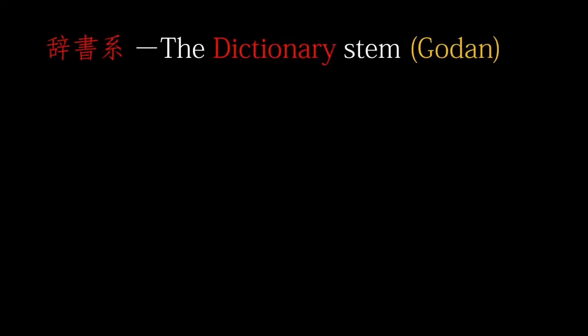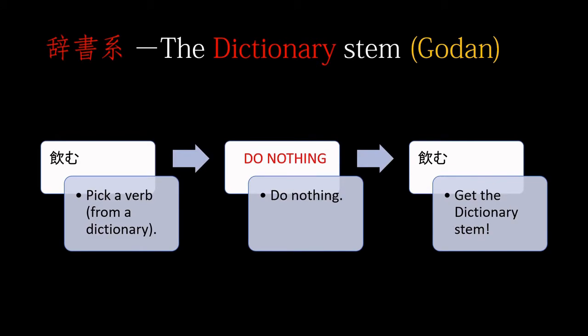The same thing goes for Godan verbs. Also pick a verb from a dictionary, do nothing with it, and you will get the dictionary stem. You can argue that Godan verbs follow the U part of the kana, and you wouldn't be wrong, but I think, that's my humble opinion, that by learning it this way, you will not have any difficulties in remembering it.